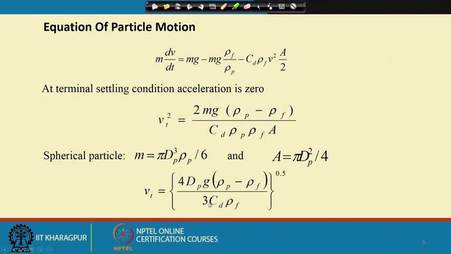But the question is, how do I get to know the value of C d, the drag coefficient? So, you see that even with so many assumed conditions, that you have a spherical particle, a free settling condition in a stagnant fluid, when water is at 4 degrees centigrade, even with the expression we have got for free settling, we still do not know the value of C d.